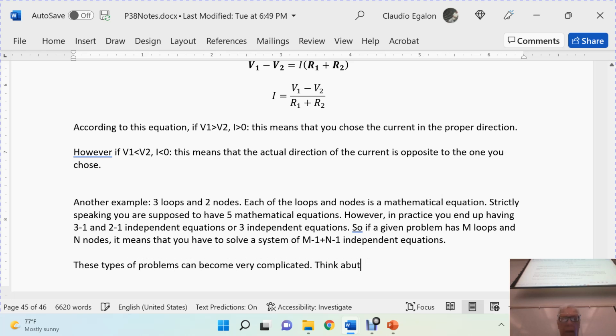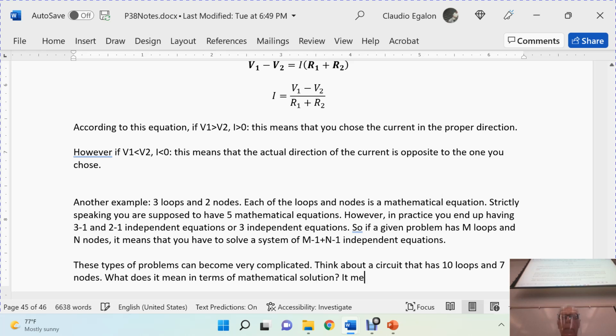Think about a circuit that has 10 loops and 7 nodes. What does it mean in terms of mathematical solution?